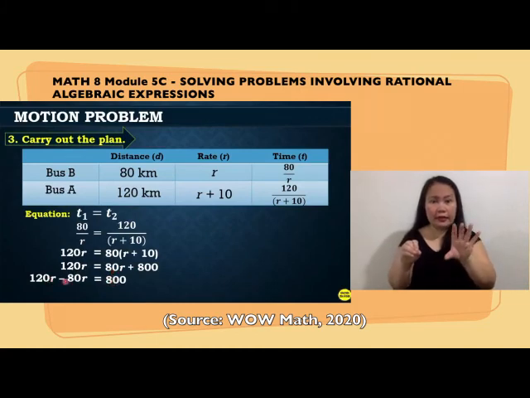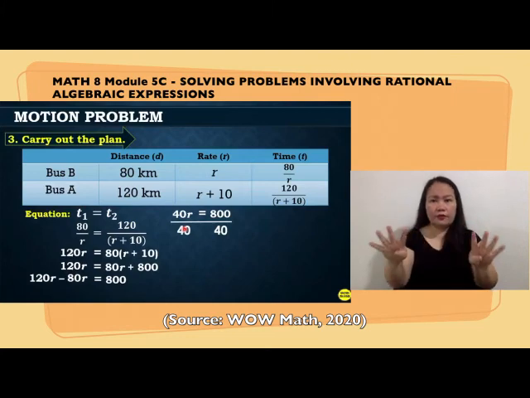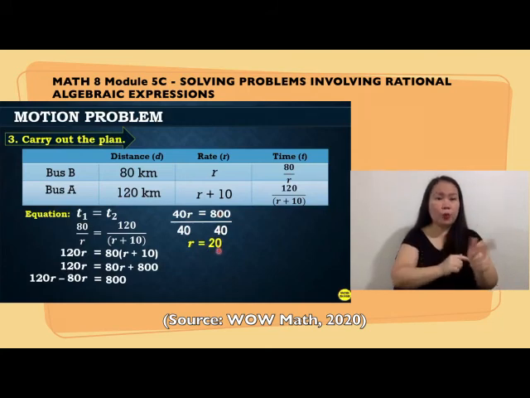So, 120R minus 80R, that is 40R. So, 40R is equal to 800. Now, for us to find the R, the rate, we're going to divide both sides by 40. So, cancel si 40. And then, we will have now rate or R is equal to 20.